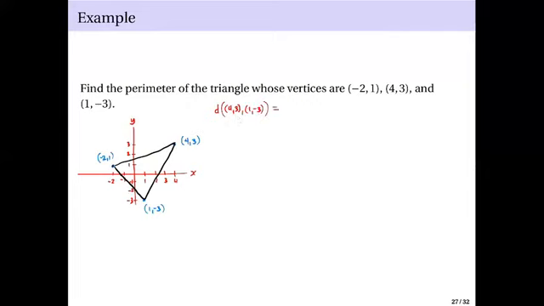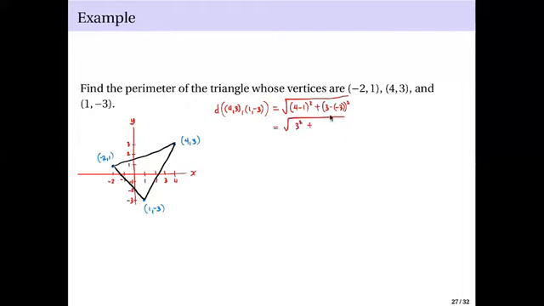This is the square root of the quantity (4 minus 1) squared plus (3 minus -3) squared. If we simplify this, we will have the square root of (4 minus 1, that's 3) squared, plus (3 minus -3, that's 6) squared.